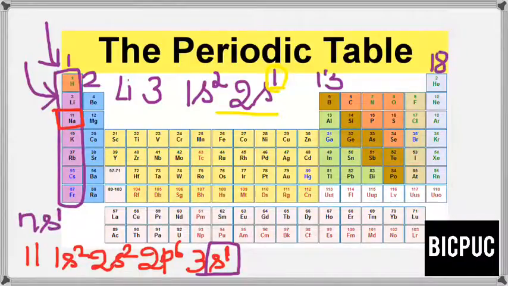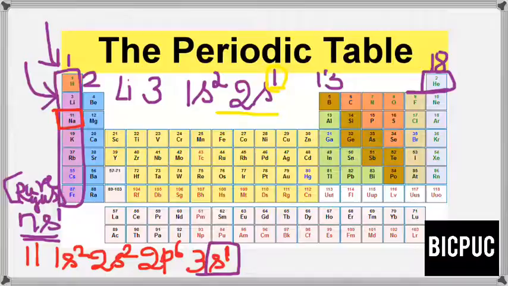It ends with ns1 and is in continuation with the last element of the previous period, that is the rare gas or noble gas. After that, the configuration is ns1. This will be the general electronic configuration of the first group of S block.